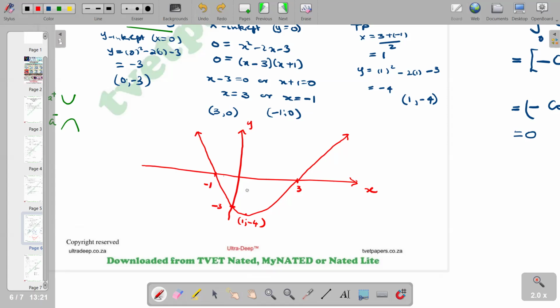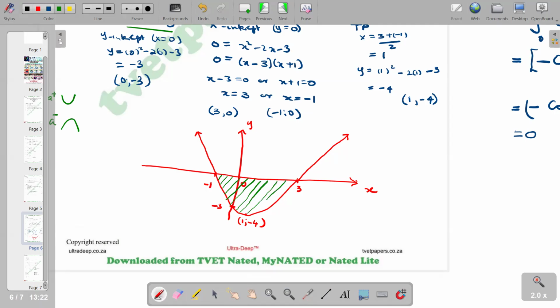So the area enclosed is this part, the area between the graph and the x-axis.